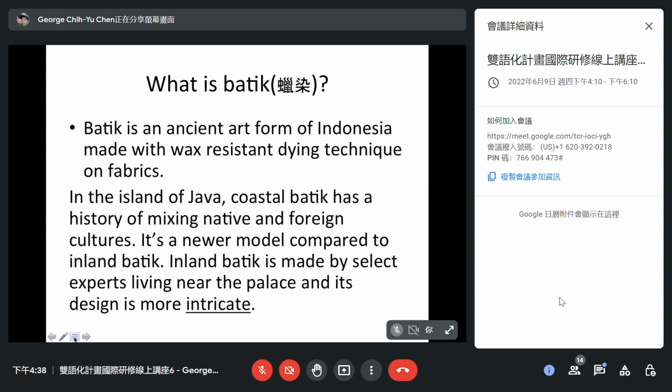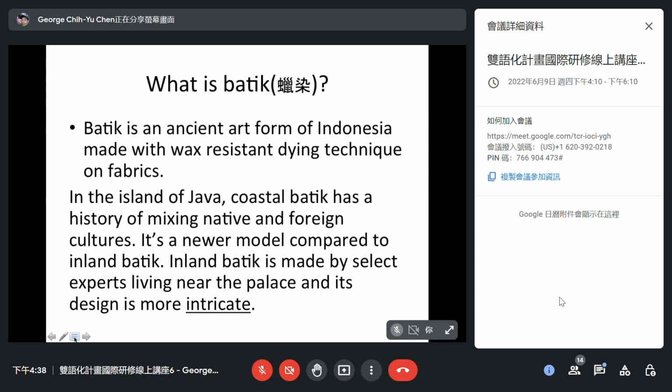So that's where we will focus in terms of the creation of batik. In the island of Java, there are two kinds of batik. One is called coastal batik. Like the word says, coastal means 靠岸边的.